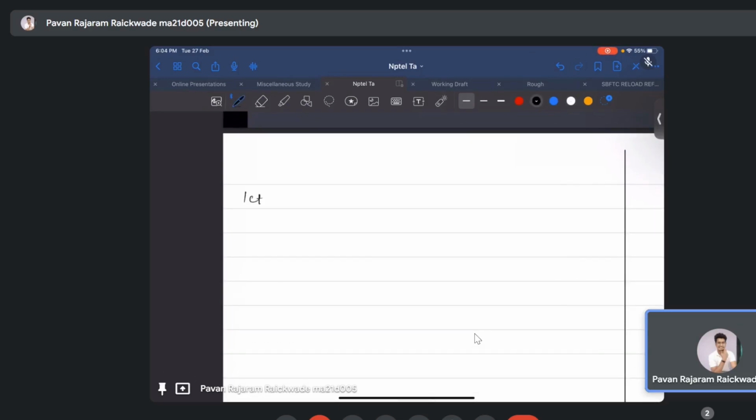So let's start with: let R1 and R2 be commutative rings with unity. I'll write this abbreviation as CRU for commutative rings with unity.